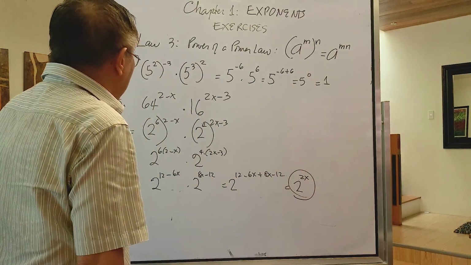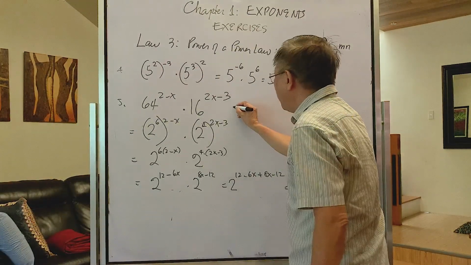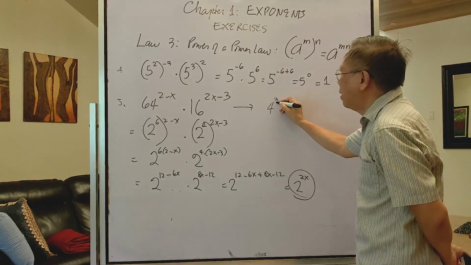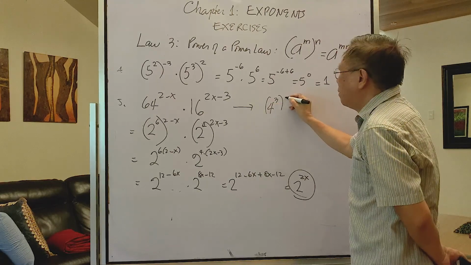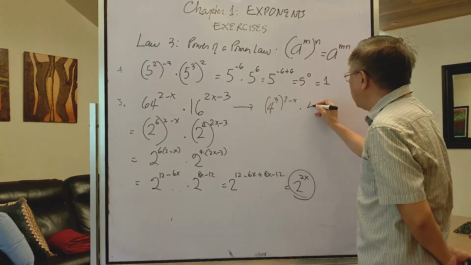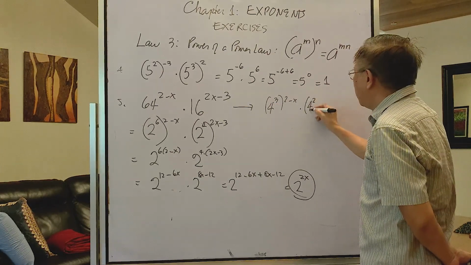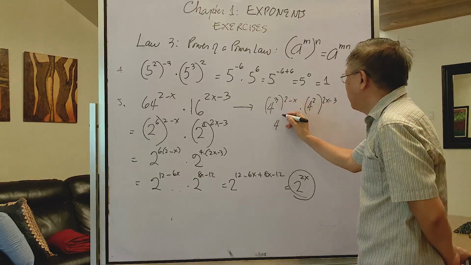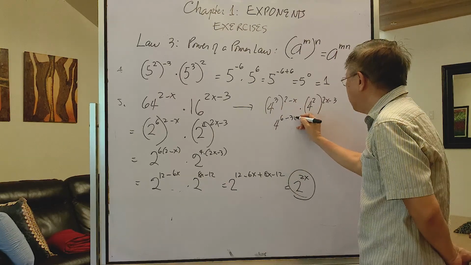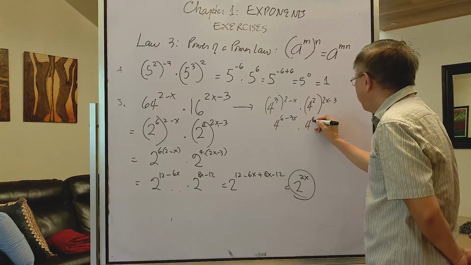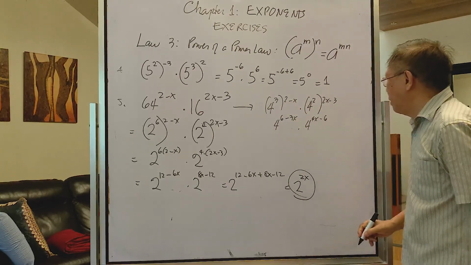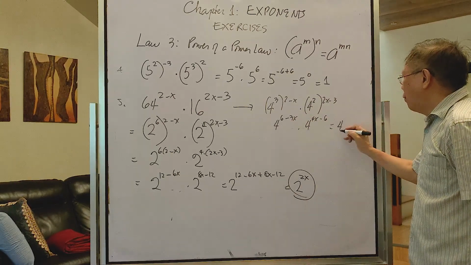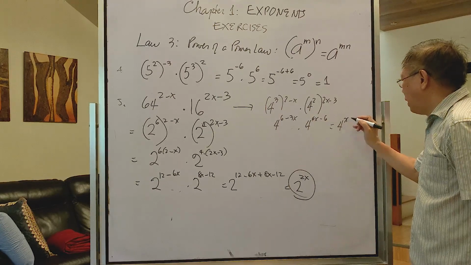Okay? Notice here that had we done this using base 4, let's say 4 cubed raised to the 2 minus x, and then this is 4 squared raised to the 2x minus 3, I should have had 6 minus 3x here, and I'll get here 4x minus 6 here, and this one cancels off, and I will get here what? 4 raised to the x.